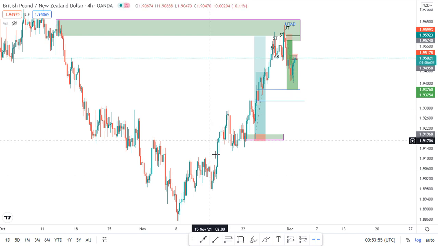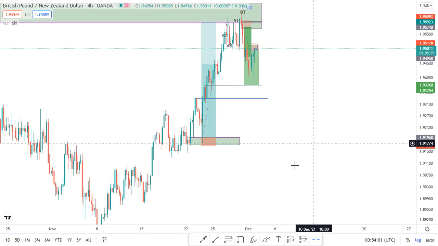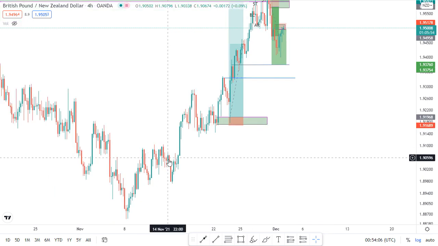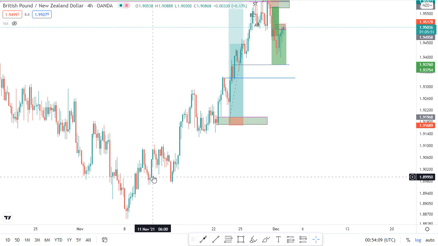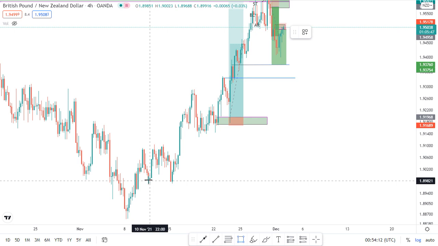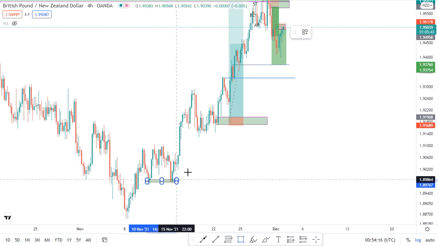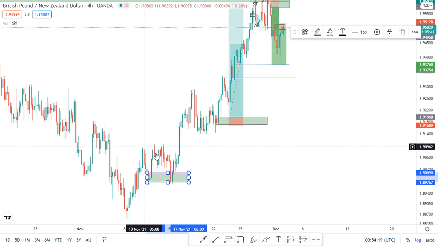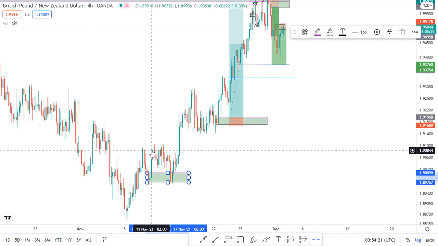So when the market reaches this stage, if I can zoom in, when the market came here, at this part here, I was looking for an order block here, but the market, when it comes here, it didn't break the structure properly.